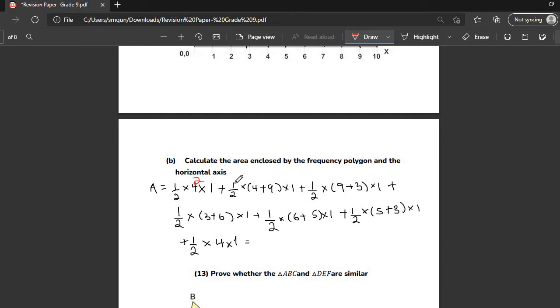And 4 plus 9 would be 13. Half of 13 would be 6.5. 9 plus 3 is 12. Half of 12 is 6. 3 plus 6 is 9. Half of 9 is 4.5.